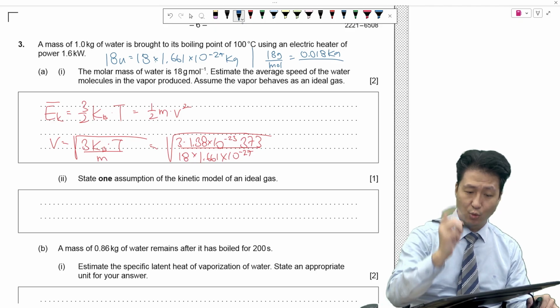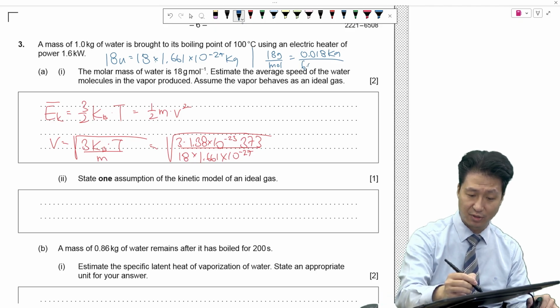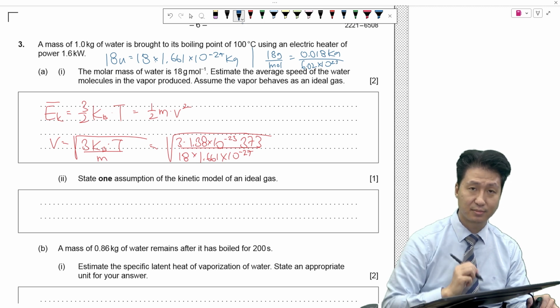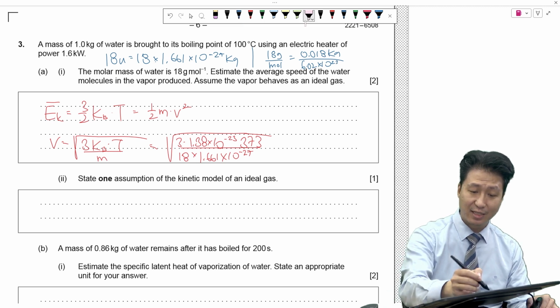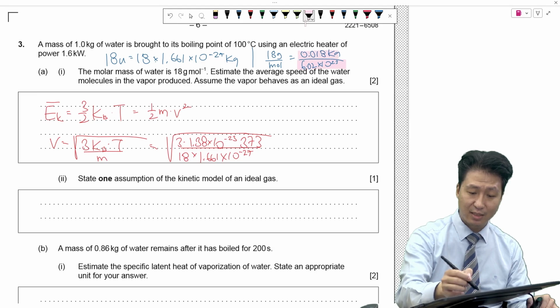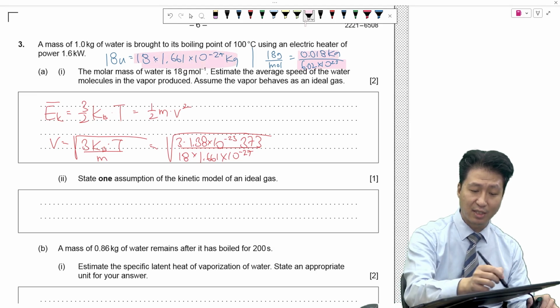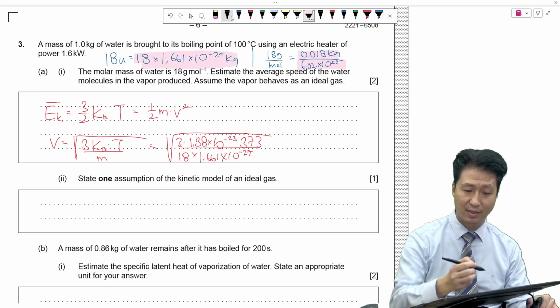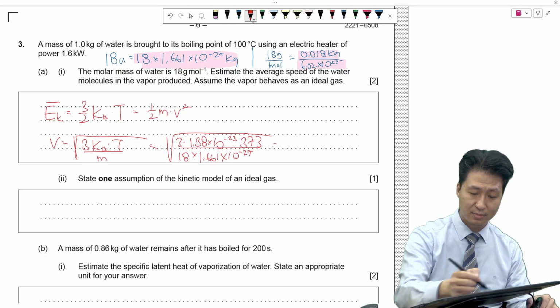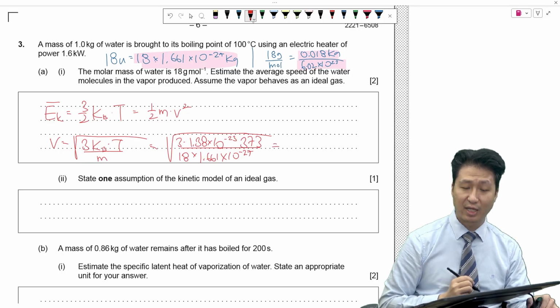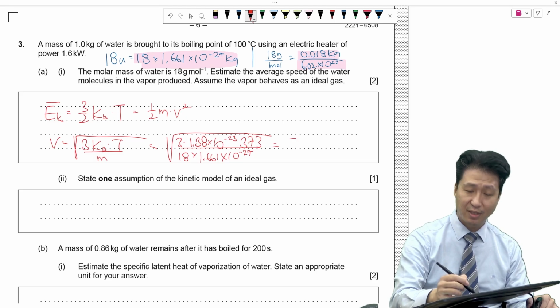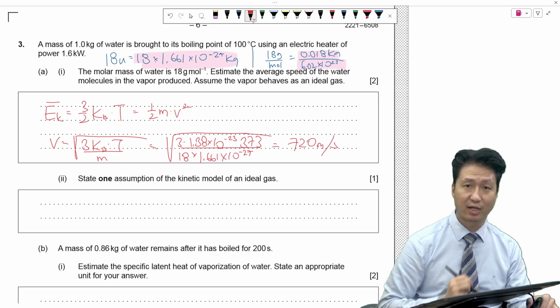And 1 mole is defined as Avogadro's number, 6.02 times 10 to the 23. Incidentally, this will give you the same result as this. So, if you use this to calculate, you get approximately a velocity of 720 meters per second.